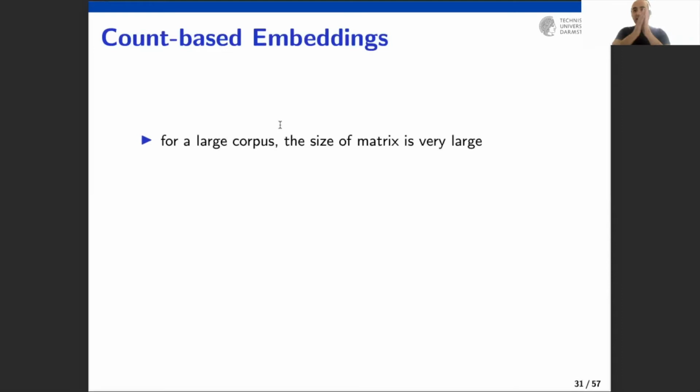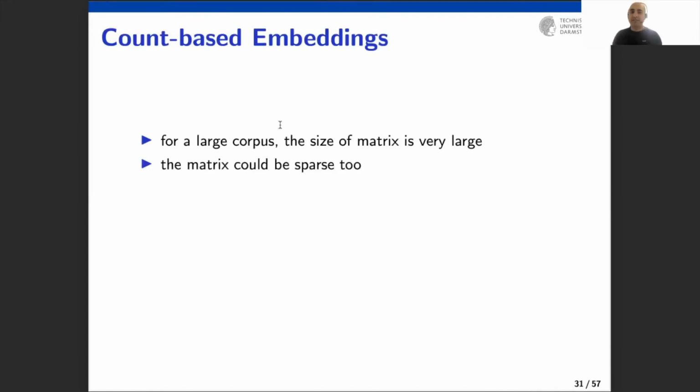But the point is that the number of columns that you have is growing exponentially because columns represent contexts. And when you have a large corpus, it means that you have many different contexts. So you have a lot of columns in your co-occurrence matrix. So this matrix can easily get very large.